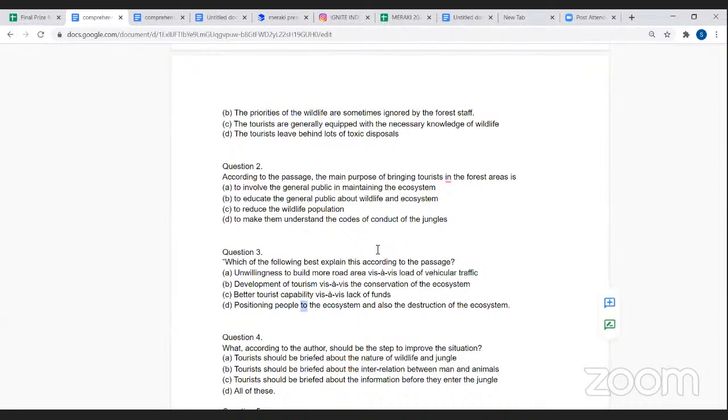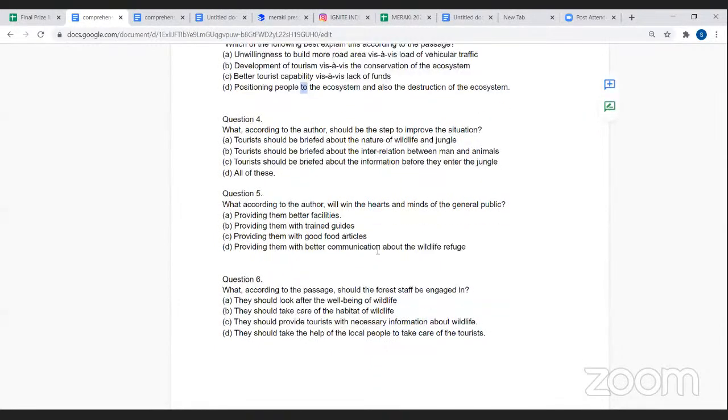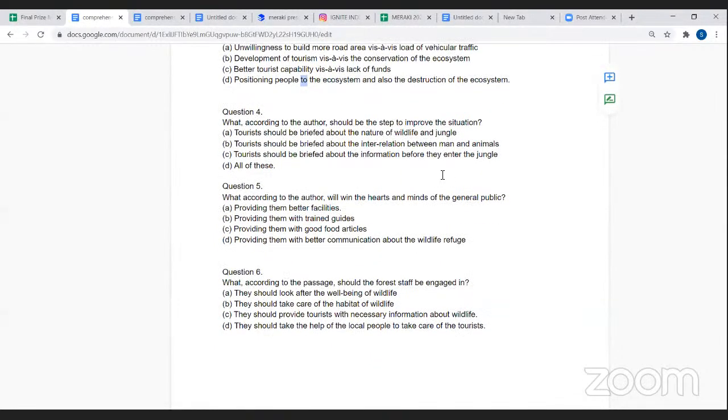When you're making a connection to something, you're trying to say with regards to the conversation, like basically development of tourism with regards to the conservation of the ecosystem is what we mean. Okay. Yes. Question 4. What, according to the author, should be the step to improve the situation? Option D.